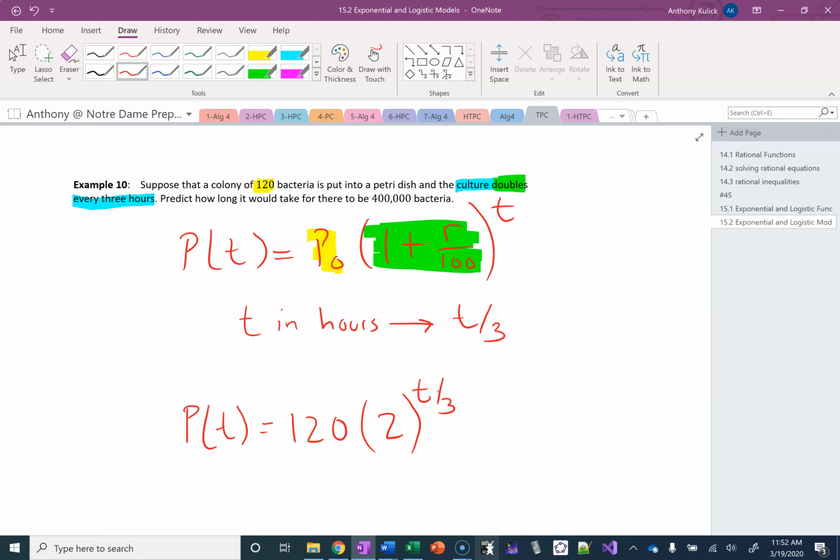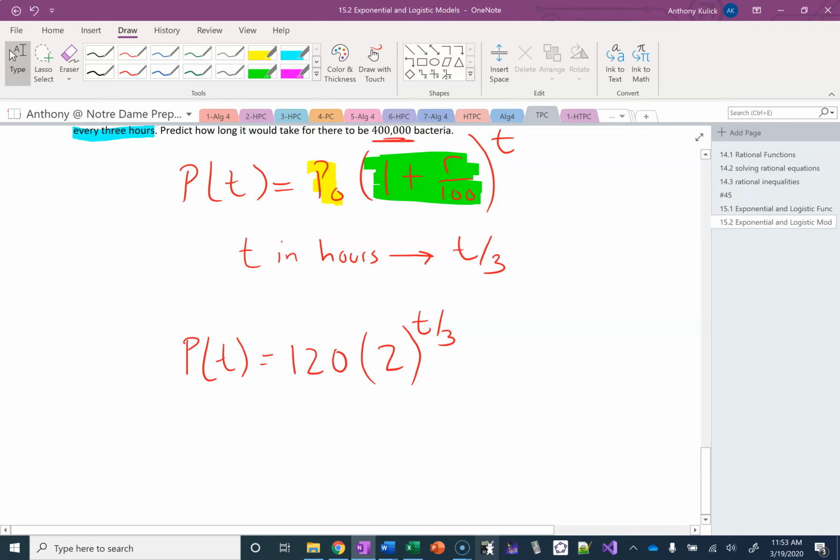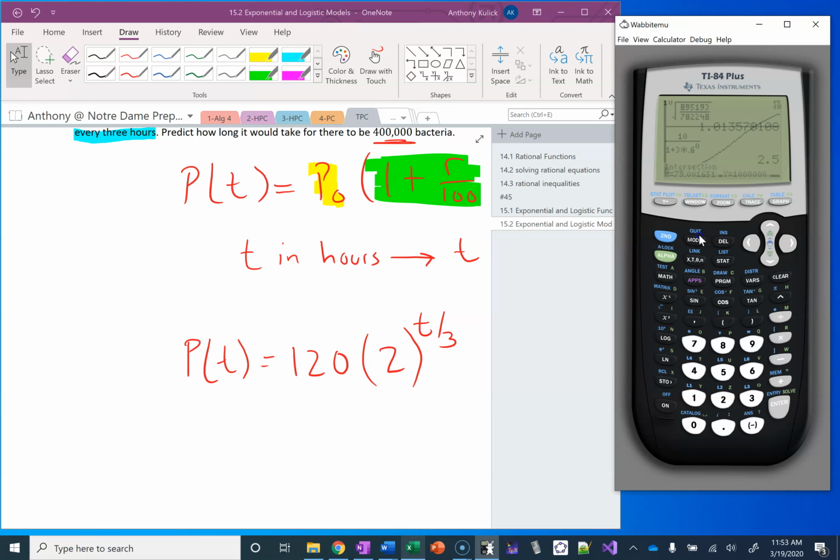So now, if I want to find out how long it's going to take for there to be 400,000, I'm going to do this problem with my calculator. So I'm going to get rid of all this mumbo jumbo I had here.